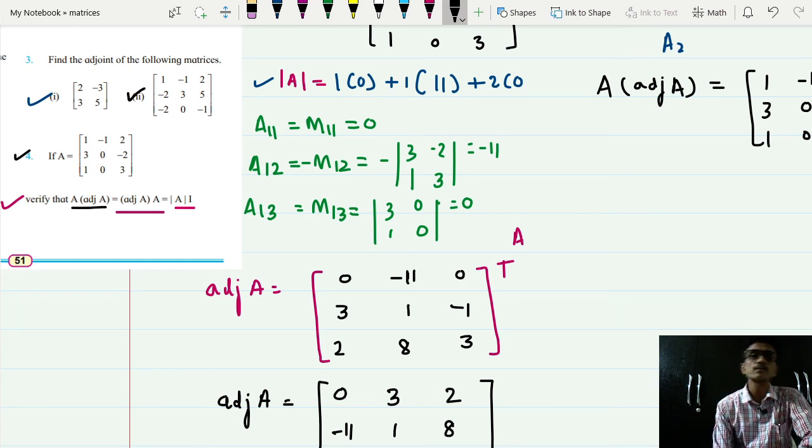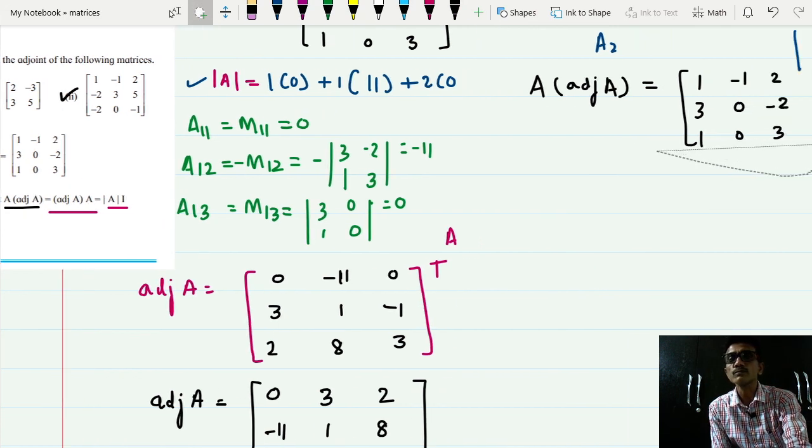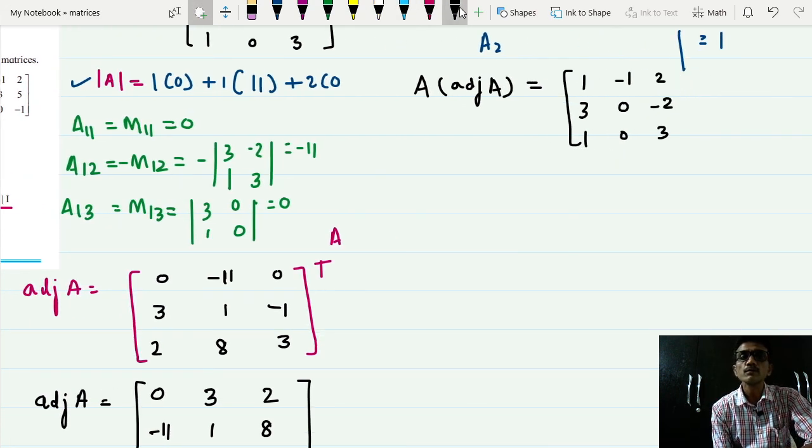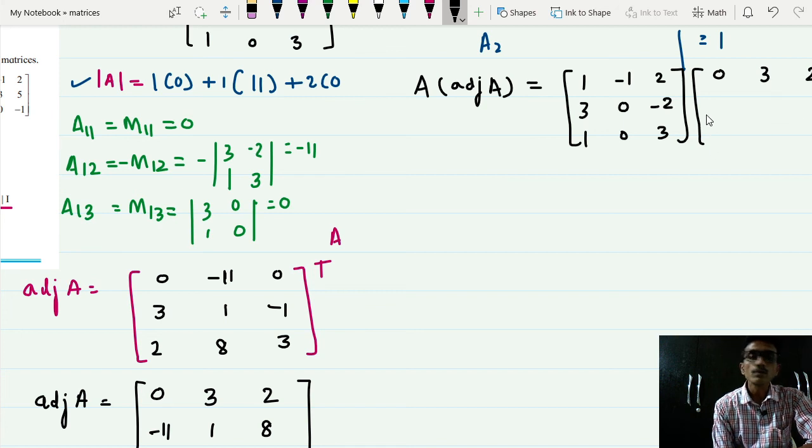This is our matrix A, and we have to write it into adjoint of A. We will write the equation, A into adjoint of A, and do this multiplication. What is the adjoint? 0 3 2, -11 1 8, 0 -1 3. This is the adjoint.